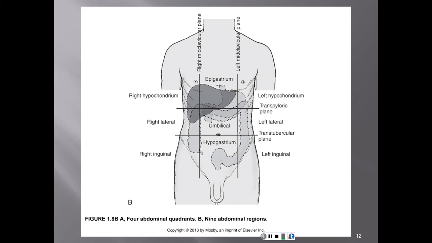As long as you understand that there are 9 abdominal regions, so the abdomen can be further divided by 4 planes into 9 regions. The 2 horizontal planes are the transpyloric and the transtubercular planes. The 2 sagittal planes are the midclavicular lines.